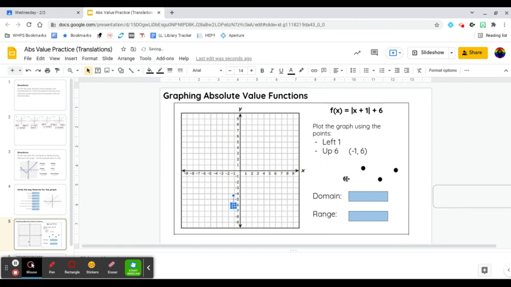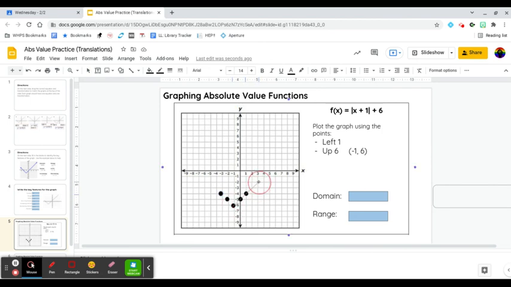And then to plot the rest of the points, we just go up 1 over 1 from the vertex in each direction. I'm going to go in this direction, and I'm also going to go up 1 over 1 in this direction. It's hard to be exact on the computer, so it's okay if your points are off by a little bit, but essentially from the vertex, you should be going up 1 over 1, because for now, that's what our slope is going to be.